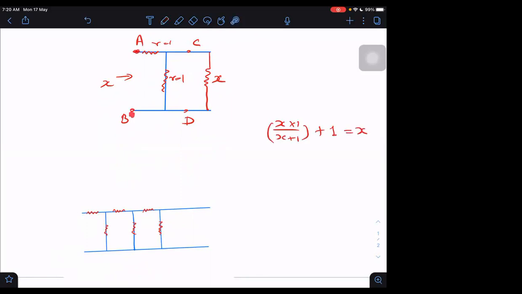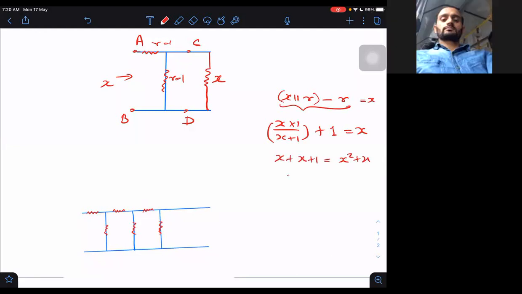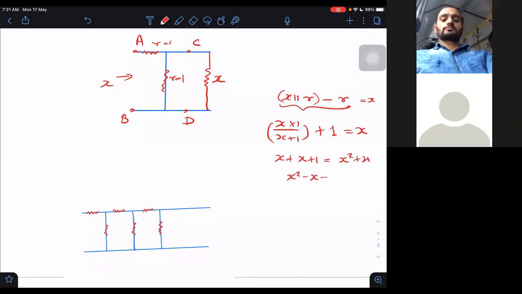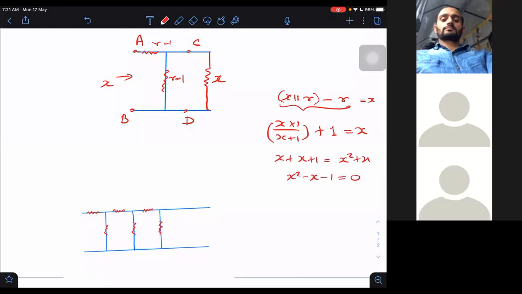Because the equivalent resistance between A, B is these two in parallel with this one in series. X parallel to R and in series with R. This is the equivalent, and that is again equal to X. Then we get one equation, X square minus X minus 1 equal to 0.